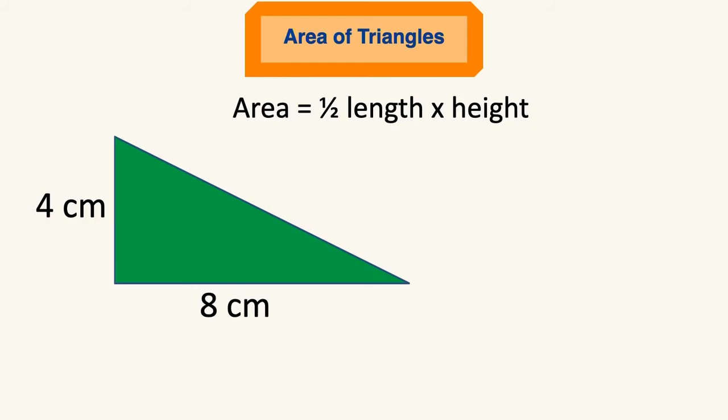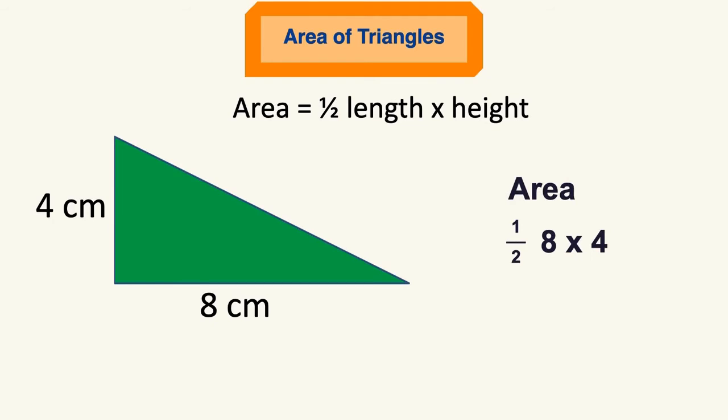Remember, the formula for area is half the length times height. In this example, 8 centimeters represents our length and 4 centimeters represents our height. So, let's write out our formula. The area is half 8 times 4. To solve this, we must first multiply 8 and 4. Those are our factors.